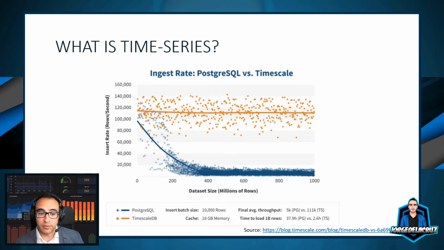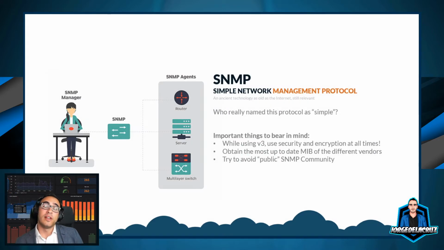So yeah. Now, let's talk about this old friend of ours, which is SNMP. SNMP is the acronym of Simple Network Management Protocol, and all of you that have used SNMP before can probably relate: who really named this simple?